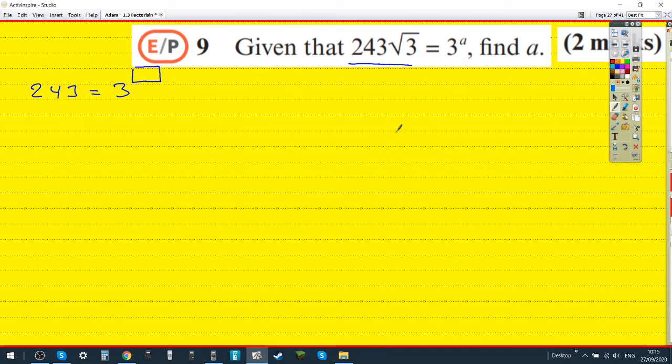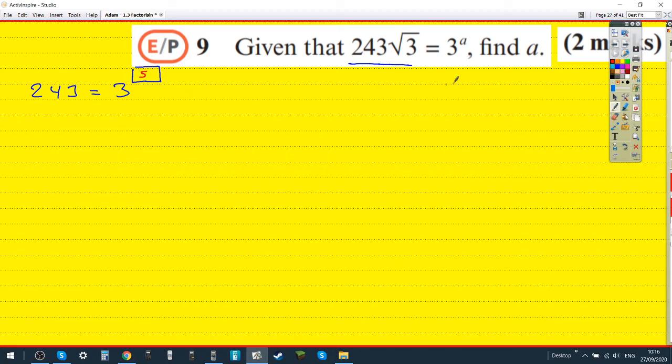I'd probably just guess a few different things in the calculator. Okay. Like 3 squared, 3 cubed, that type of thing. Three to the power of 5.